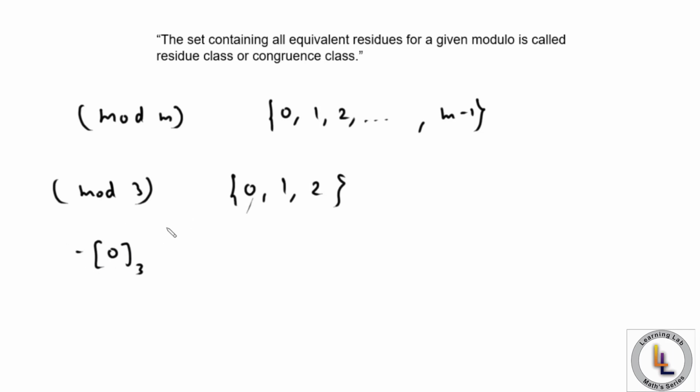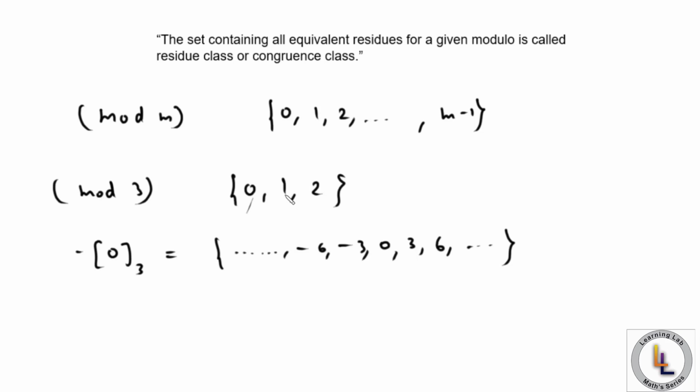The first residue class when we are dealing with mod 3 is 0, 3. This is just a set given by -6, -3, 0, 3, 6 and so on.